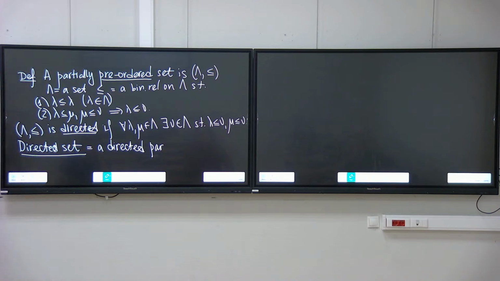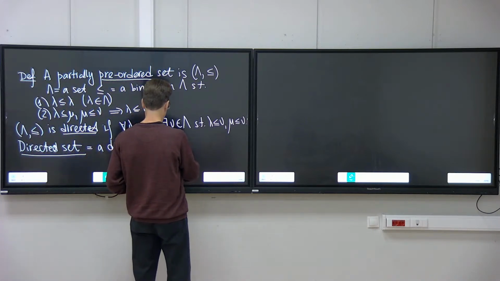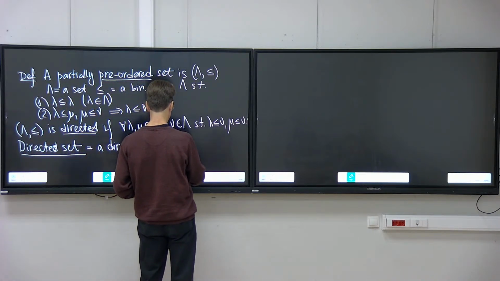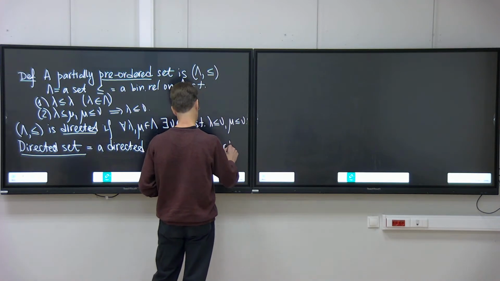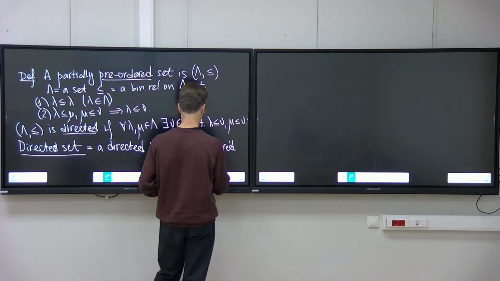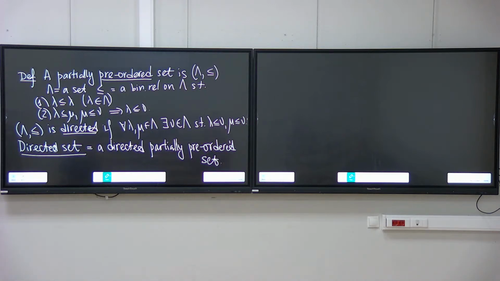Maybe I'll give you a more useful example, which is useful in some questions of general topology, a bit later. In fact, in most cases, we may work with partially ordered sets. But sometimes this generalized notion is more convenient.